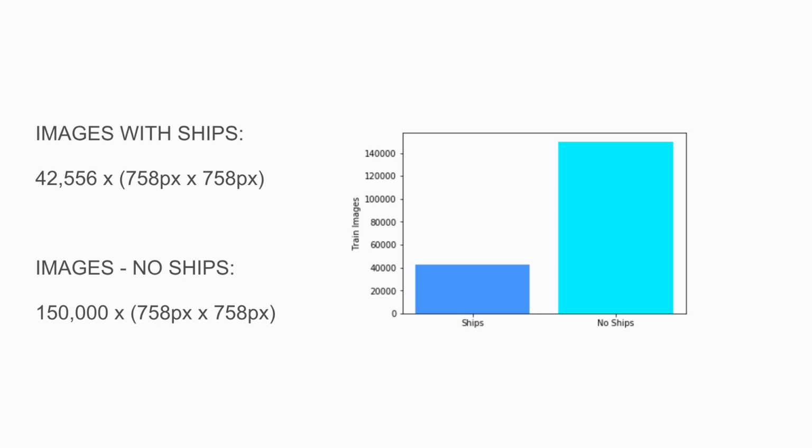So basically, most of the teams, as a first step, decided whether there is a ship on the image or not, and after that, they labeled the pixels.